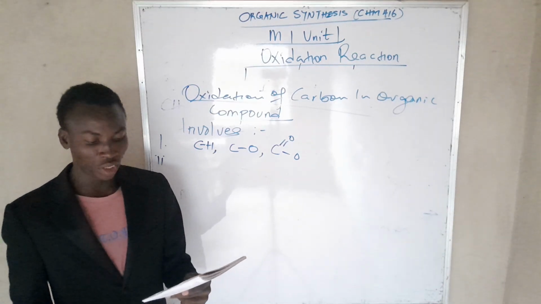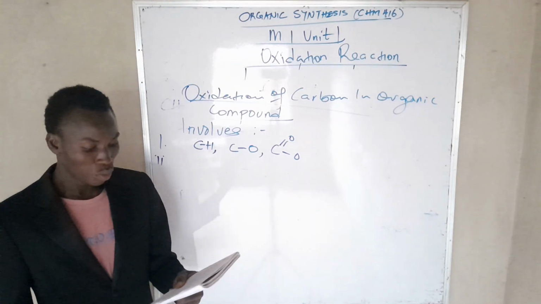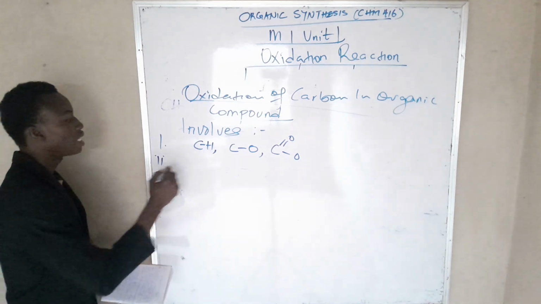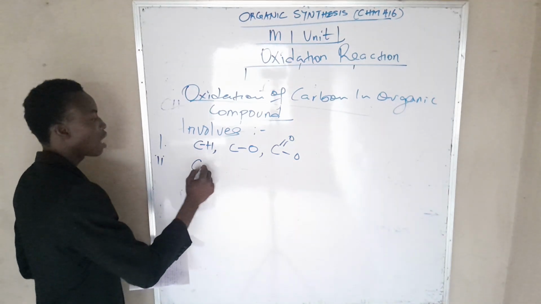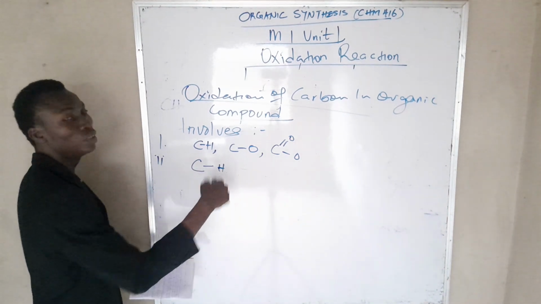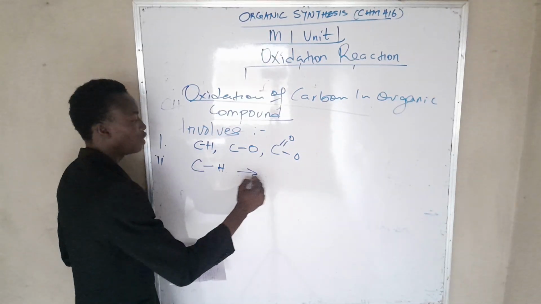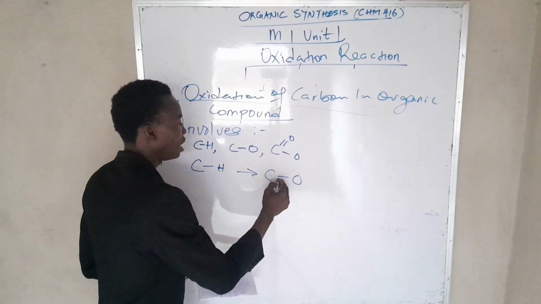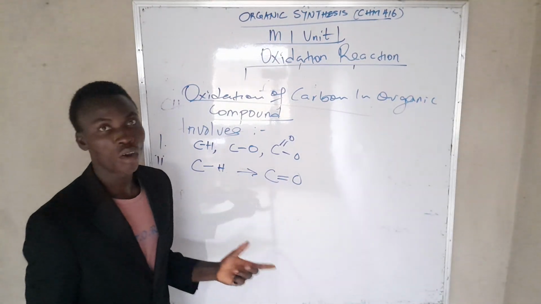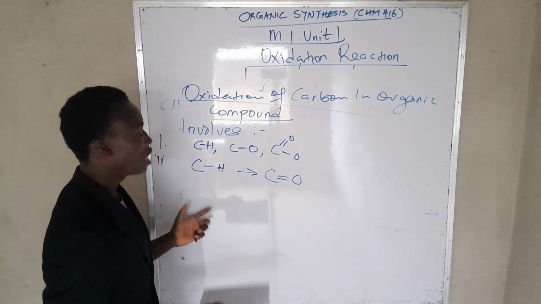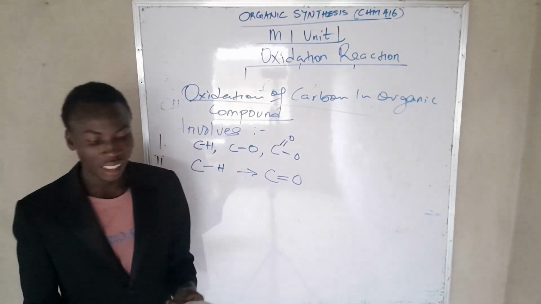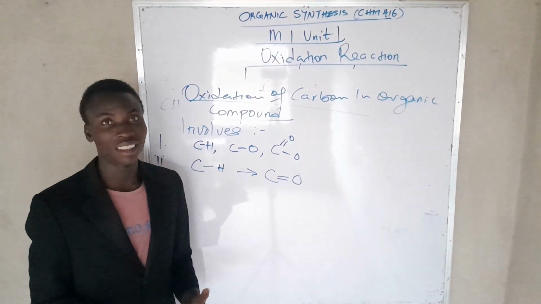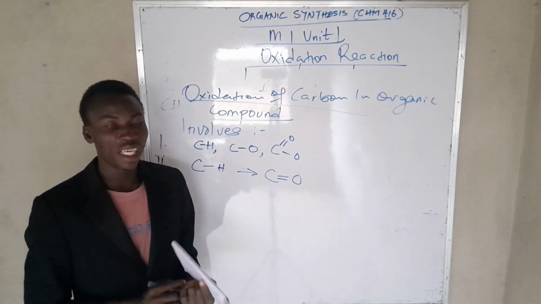Then, replacement of a hydrogen atom with more electronegative elements, most especially oxygen, such as replacing a carbon to hydrogen bond with a carbon to oxygen bond in a given compound. So all these ones that we have mentioned are the oxidation of carbon in organic compounds. That is how it takes place.